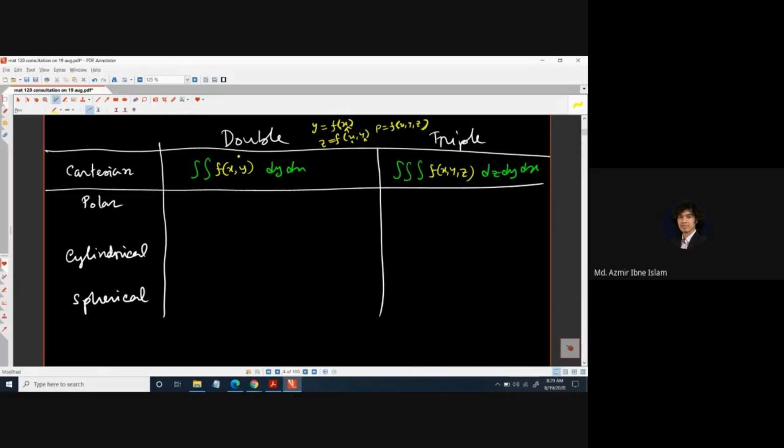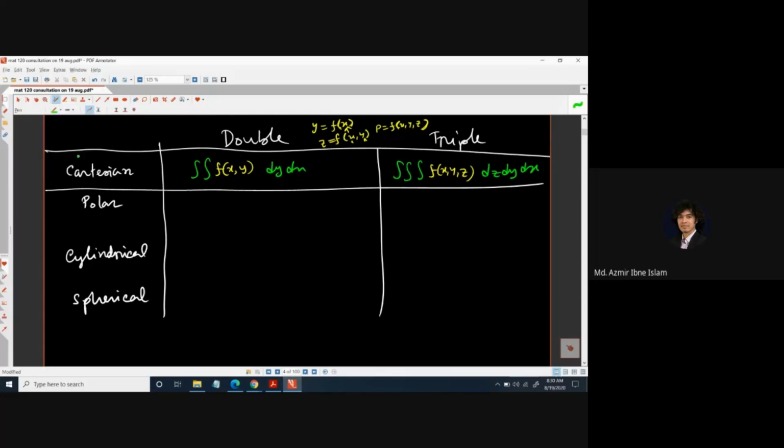I'm just trying to discuss the forms of double and triple integral. So these are the Cartesian forms. Double integral can be represented this way, and triple integral this way.